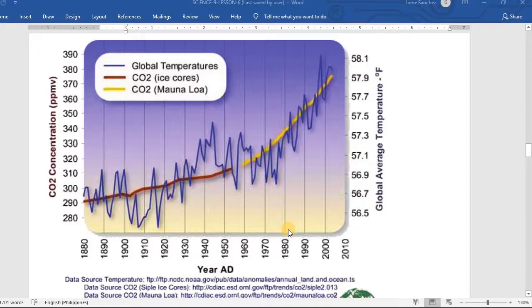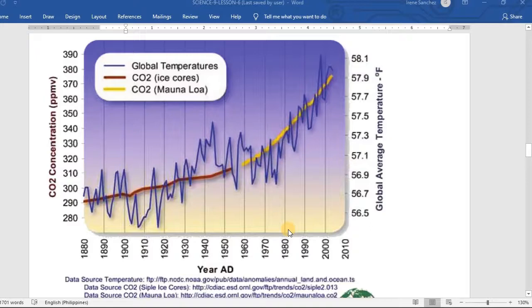From 56, it's going up. And this one also, 280 to 390, going up. So if a number falls around here, like 320, that's how you read it. And first, you know the legends.